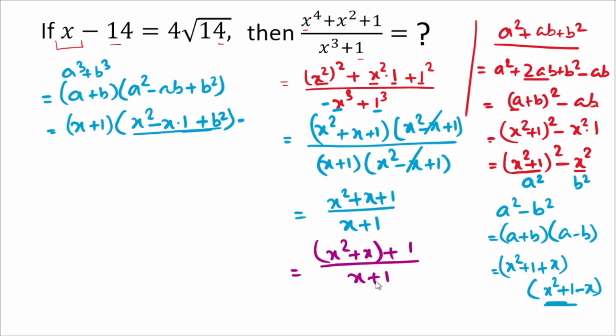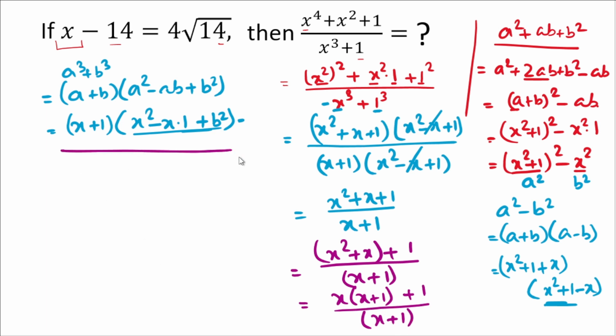Now we divide both terms by x plus 1: x(x plus 1) divided by (x plus 1), and 1 divided by (x plus 1).